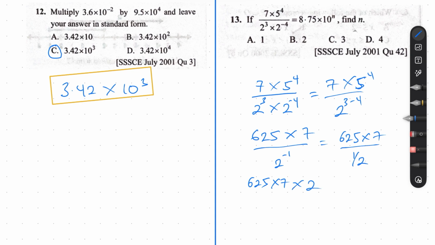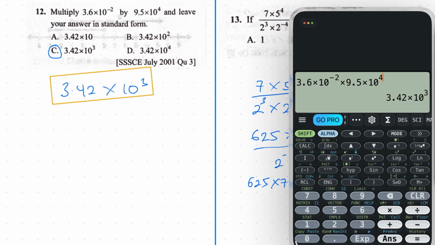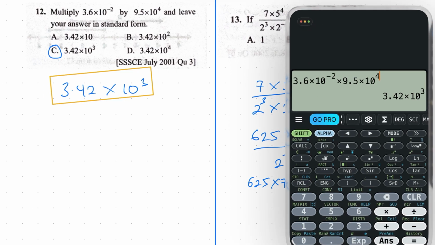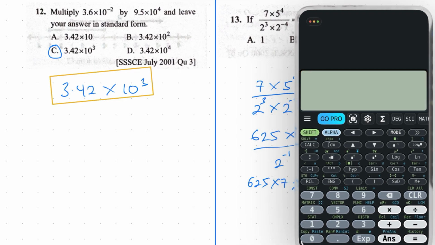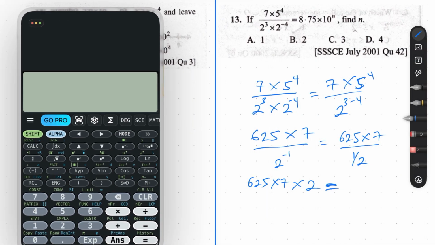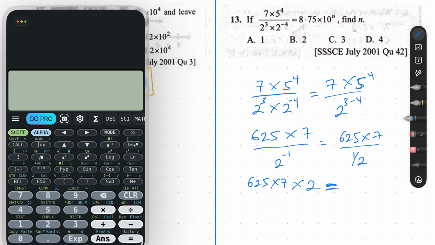So now when we multiply this, what do we have? We can just use our calculator. Should we use our calculator? Yes, let's use our calculator so we don't waste time. So we have 625 by 7 by 2.